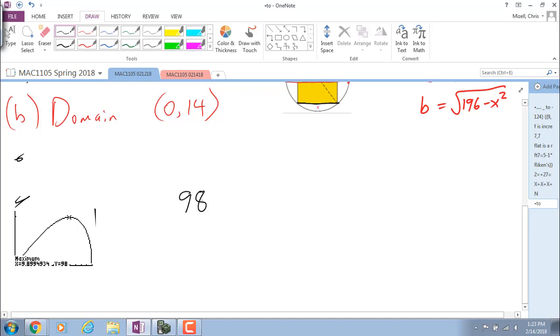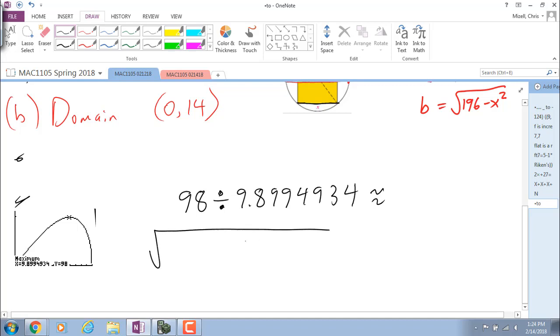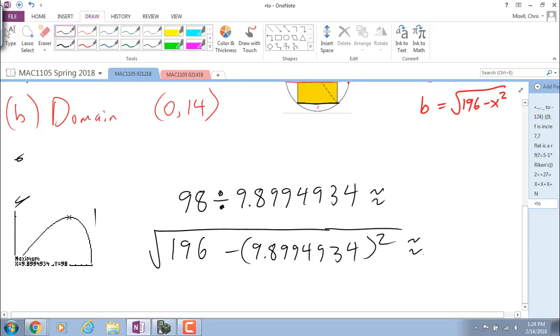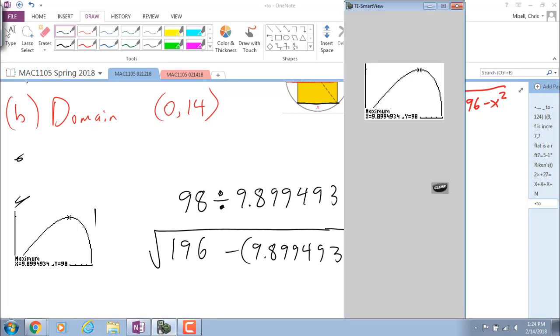You could take the area and divide it by 9.8994934, round that off to 3 decimal places, or you could take the expression 196 minus x squared and put the 9.8994934 in for x. I think the first way is better. Let's divide 98 by 9.8994934 and see what we get.